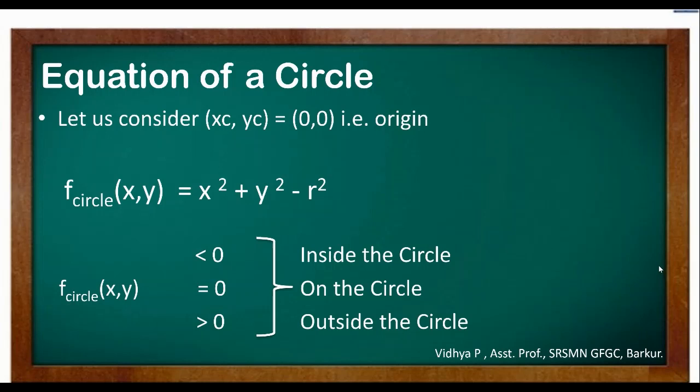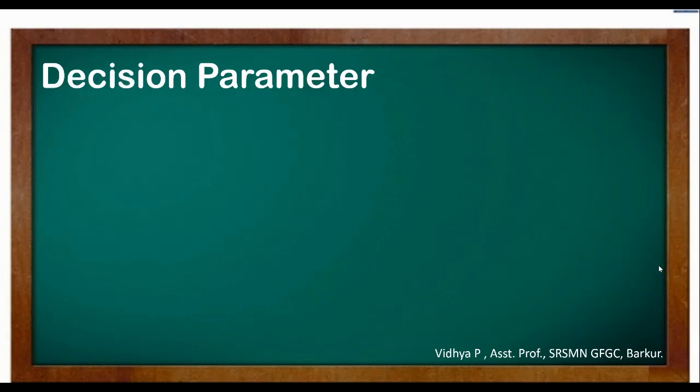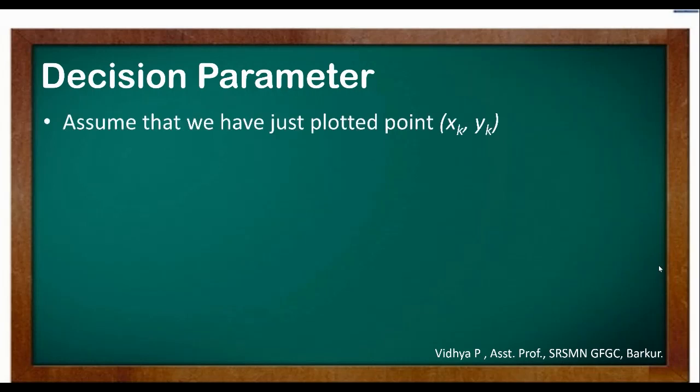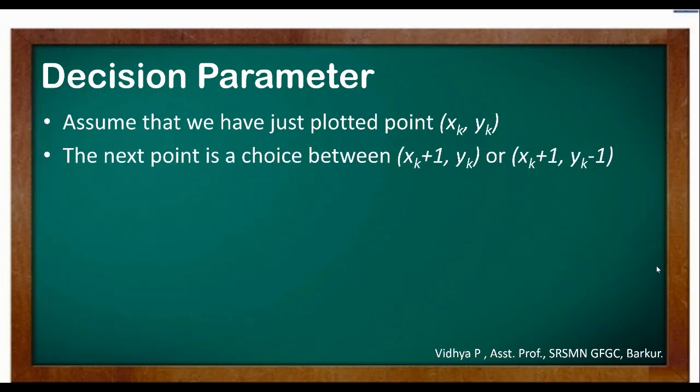By keeping this equation in mind, we calculate a decision parameter. We assume that we have plotted a point xk, yk in the kth iteration. Then the next point to be plotted has x incremented by 1, so we get xk plus 1, and the next point can be xk plus 1, yk, or xk plus 1, yk minus 1.